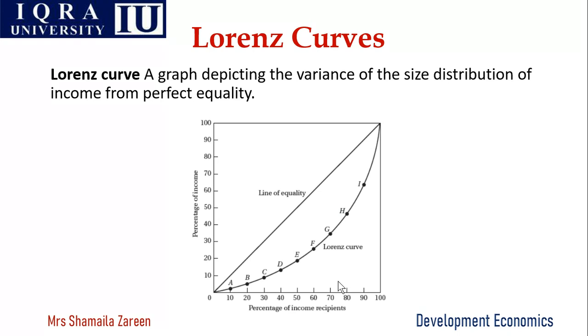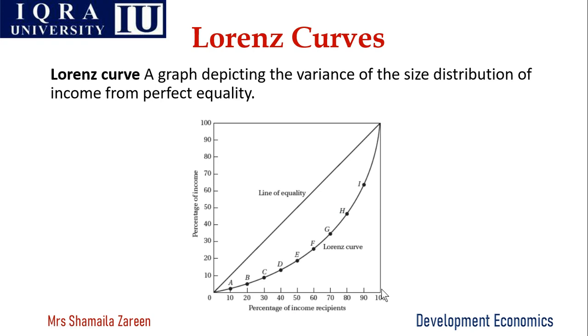The number of income recipients is plotted on the horizontal axis, not in absolute terms but in cumulative percentage. You can see here these are cumulative percentages. For example, at point 20 we have the lowest, poorest 20% of the population, and at point 60 we have the bottom 60%, and at the end of the axis all 100% of the population has been accounted for.